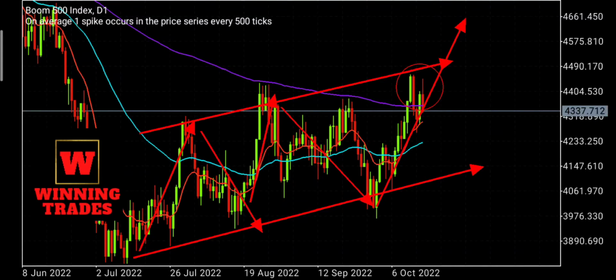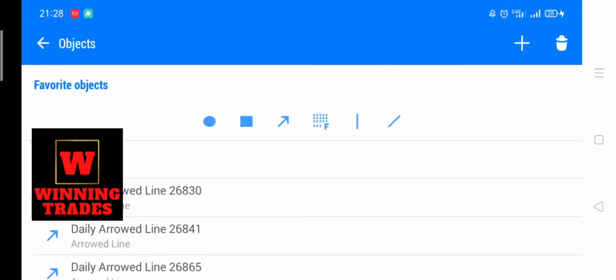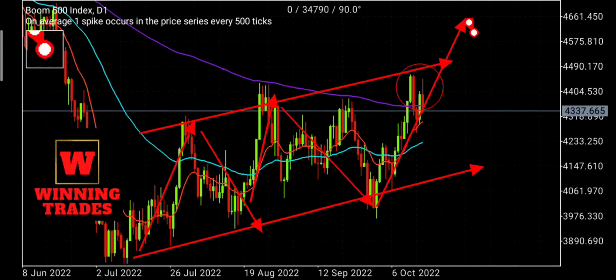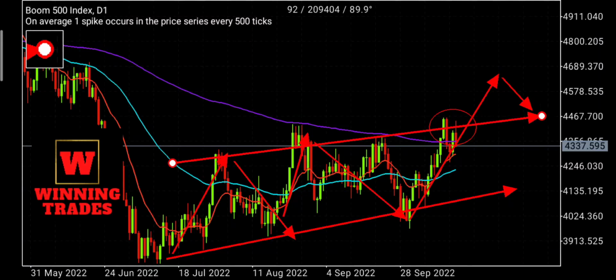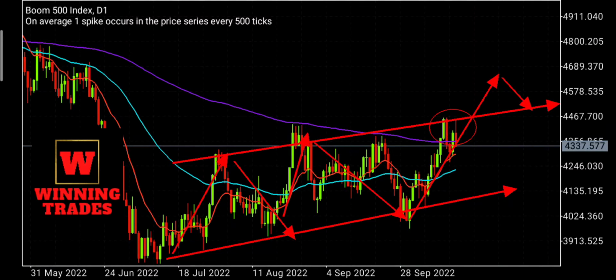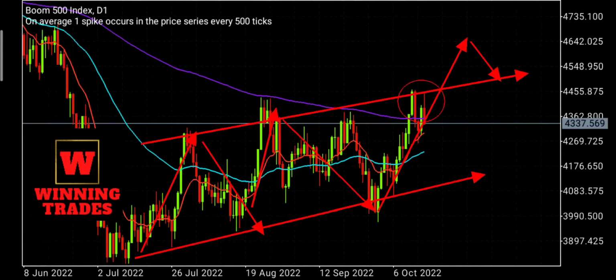If price breaks out, then we expect a retest of this, and then we'll see price go higher.